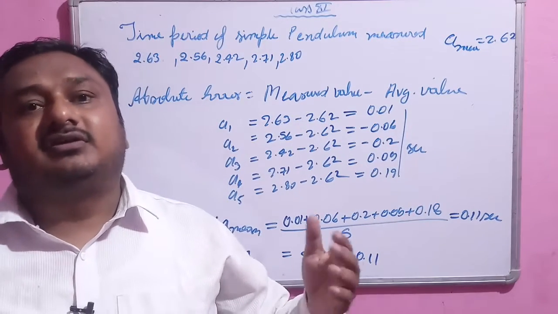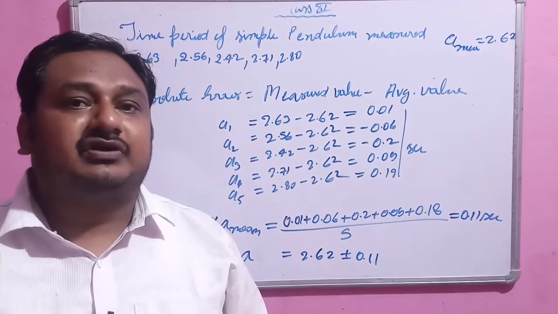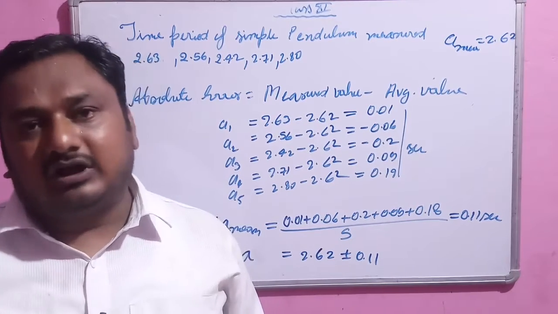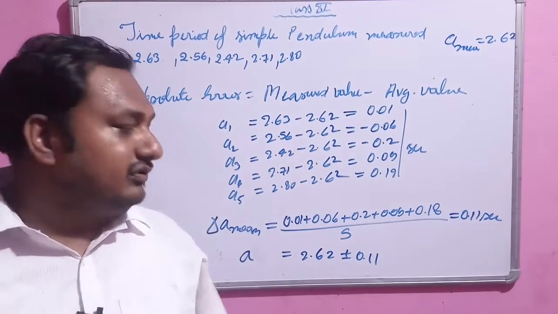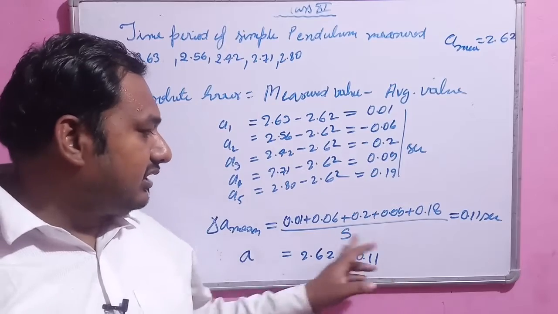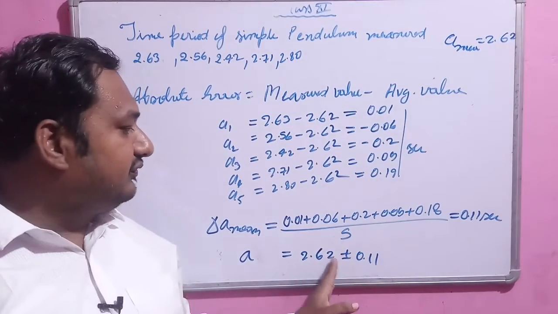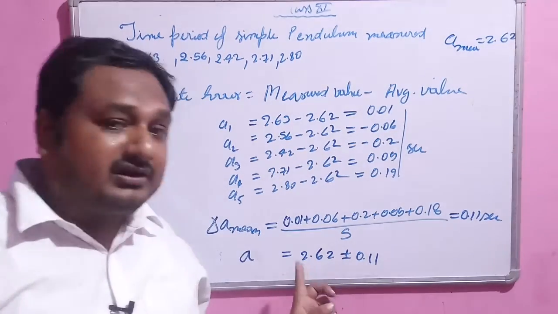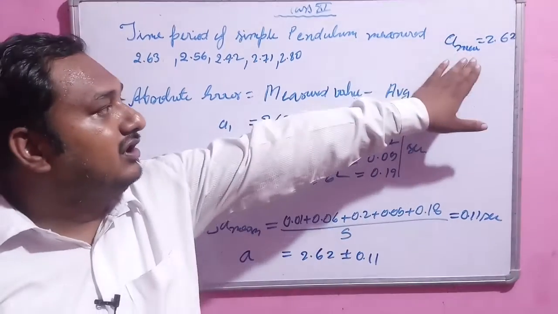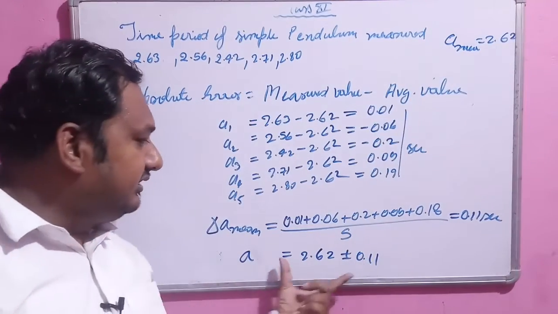Some students might measure a length more than the standard value, and some might write less than the standard value. So our value comes in the range of 2.62 plus 0.11 and 2.62 minus 0.11. It is the representation of the average mean value and absolute error. So our error can be written in this fashion.